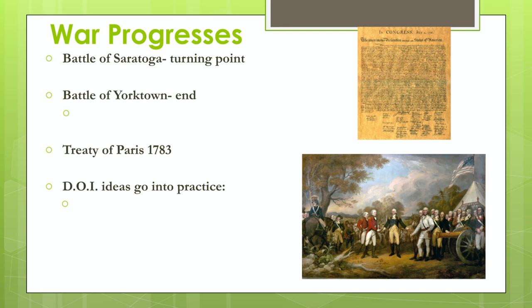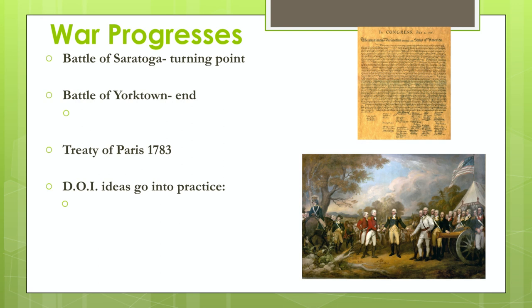Now, with that being said, that's pretty much it for this lesson. A couple of things that I would like for you to write down as far as your learning objective questions. I'd like for you to know the purpose of the Declaration of Independence and explain what its main use was for.